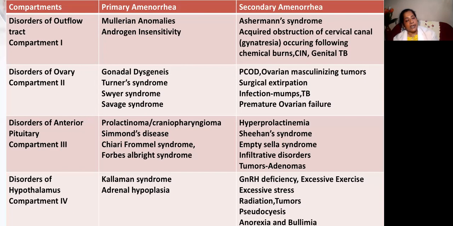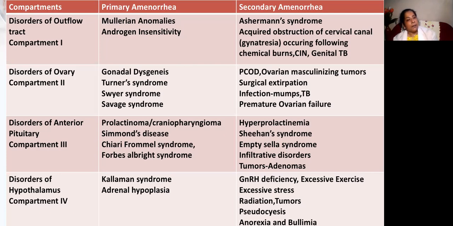The second compartment includes disorders of the ovary, in which the ovary has not developed in primary amenorrhea, like gonadal dysgenesis, Turner syndrome, Swyer syndrome, or Savage syndrome, or it could be due to end organ problems like PCOD, the polycystic ovarian disease, ovarian masculinizing tumors, surgical removal, premature ovarian failure.